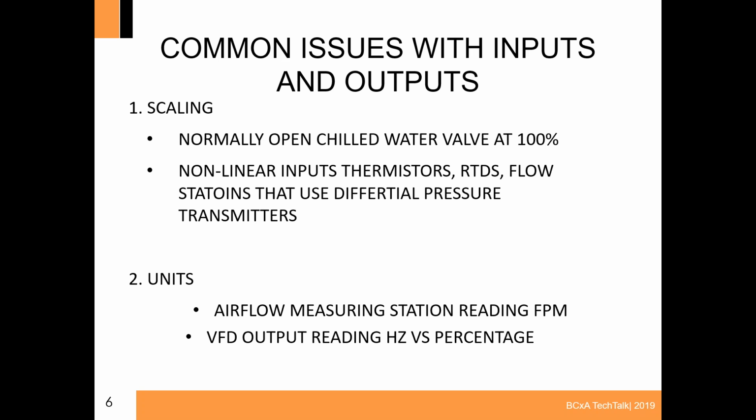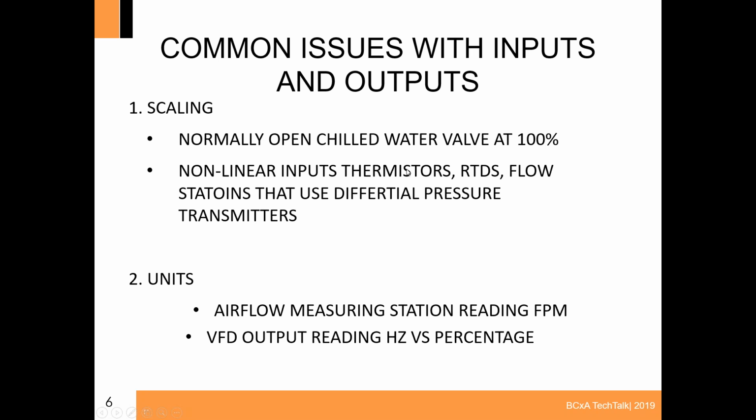If it's a CO2 sensor that's 4,000 parts per million and they didn't put in that upper value, when you get a full signal or a half signal, it's not going to read right in the controls. So it's very easy for a controls contractor to mess up the scaling, and that's going to mess up the calibration of the instruments, or at least how they read within the system.